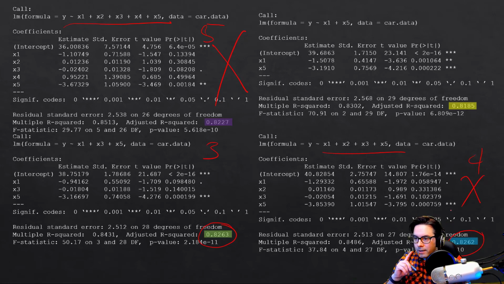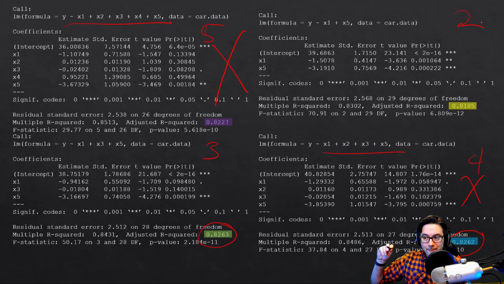And then when we look at the one at the top, now we're looking between model 3 and model 2. Model 2 has a worse adjusted R squared: it's 0.8185, and the other one is 0.826, right? So really it's off by 100th or so, a little bit less than that.